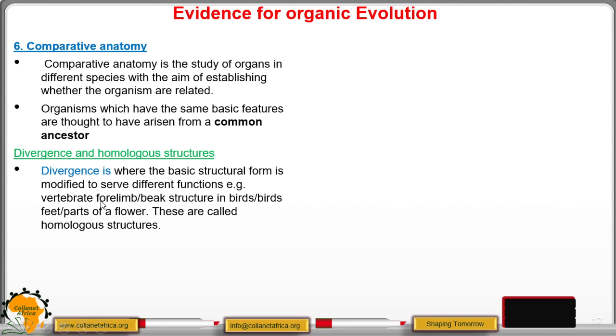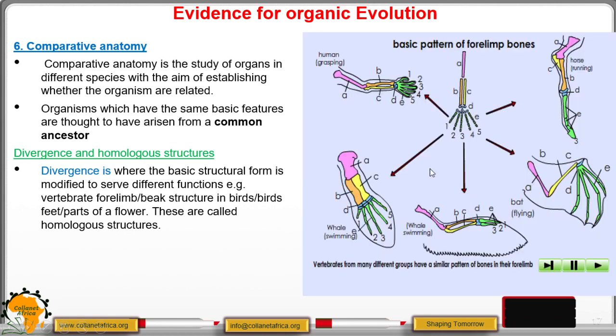For instance, the vertebrate forelimb, the wing structure in birds, and even feet of birds, and even parts of a flower. These are called homologous structures. Homologous structures have a common origin, a common embryonic origin, but have been modified to serve different functions. You can see the origin is similar.